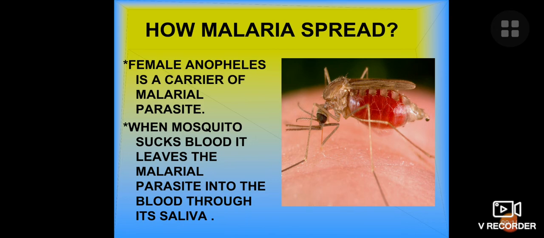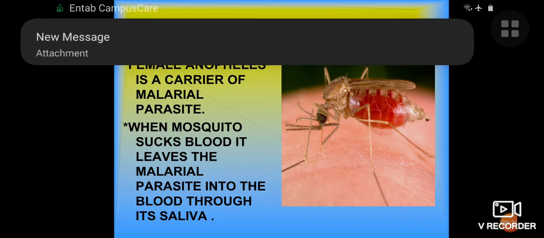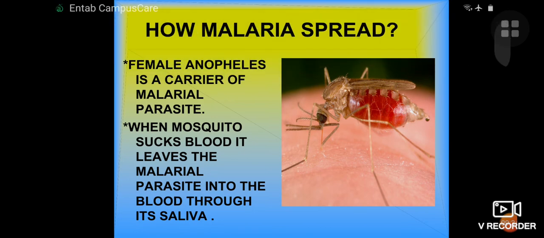So from that saliva this malarial parasite gets injected inside the human body and thereby starts spreading the disease. That means the disease is entering a fresh human being who does not have malaria, a healthy person. So this is how malaria is spread.